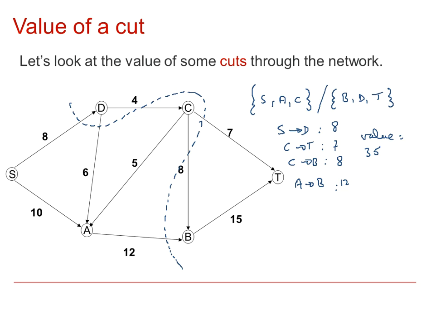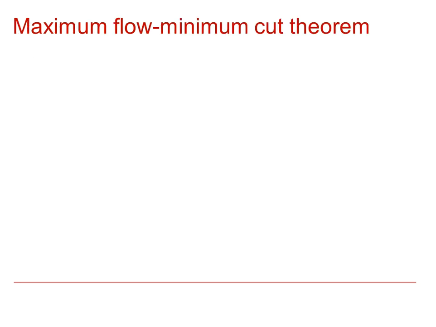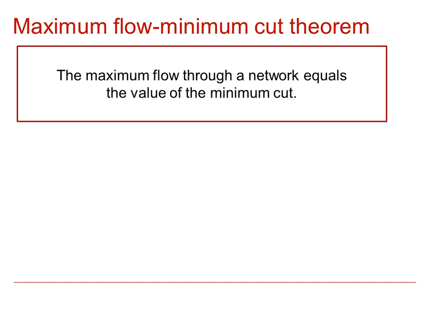We might ask, what's the purpose of all these cuts that we've been looking at? Well, there is a theorem which is known as the maximum flow minimum cut theorem, which states the following. It says that the maximum flow through a network equals the value of the minimum cut. So far, if you think back to what we've done here, we've found cuts of value 35, 19 and 20.